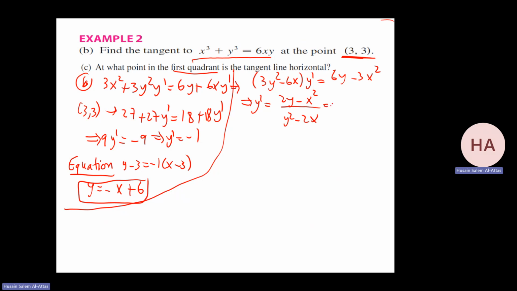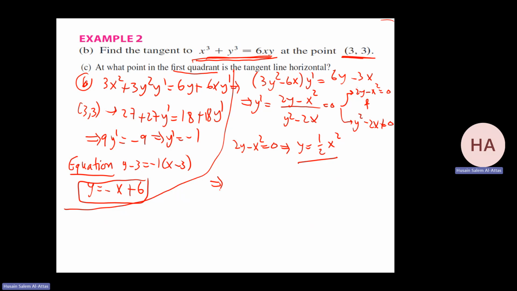Want this equal to 0, so that means 2y minus x squared equals 0, and y squared minus 2x not equal to 0. I need both conditions. Okay, the first condition, 2y minus x squared equal to 0. That means y will be half x squared. Plug it into the equation so that I have only one equation. I need to solve this with this one.